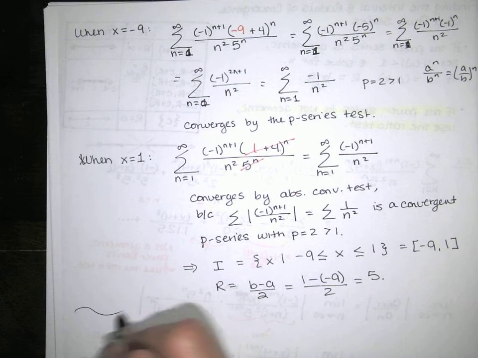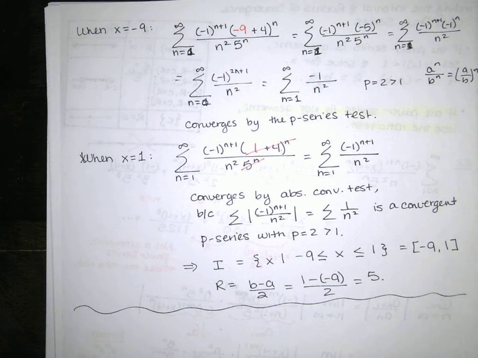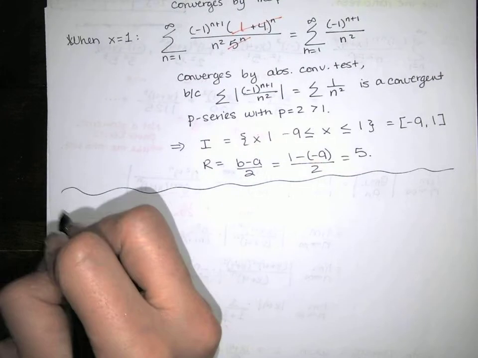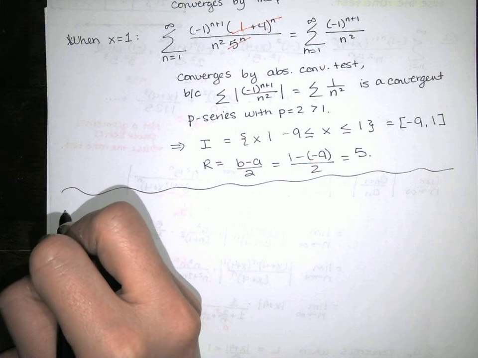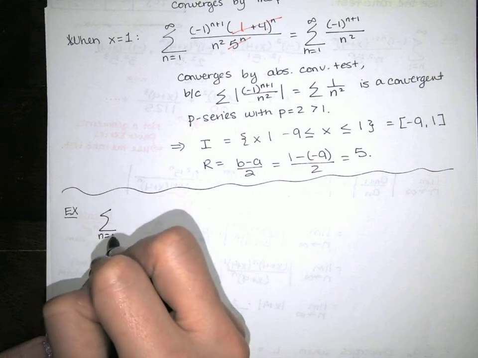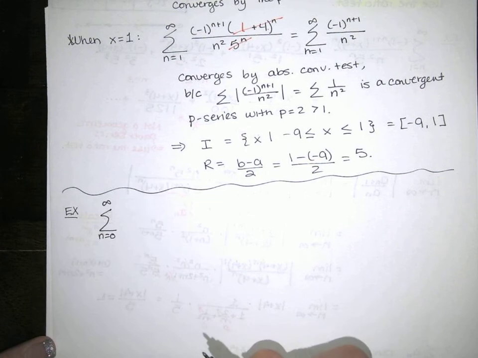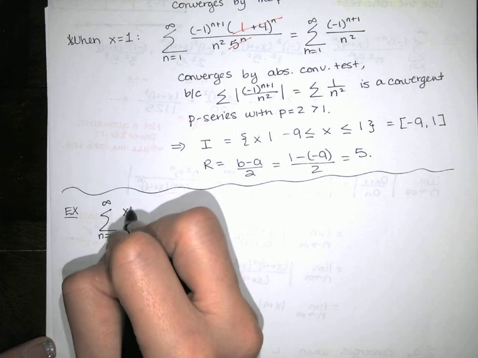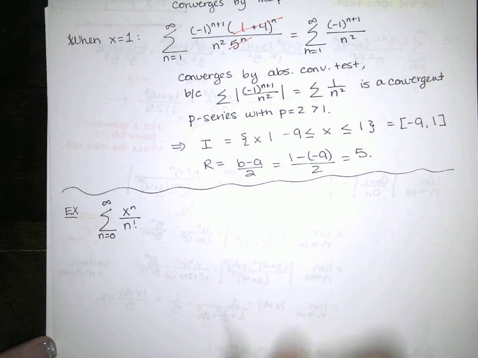Now let's look at another example. Let's say we've got the sum as n goes from 0 to infinity of x to the n over n factorial. And we want to know where this converges.